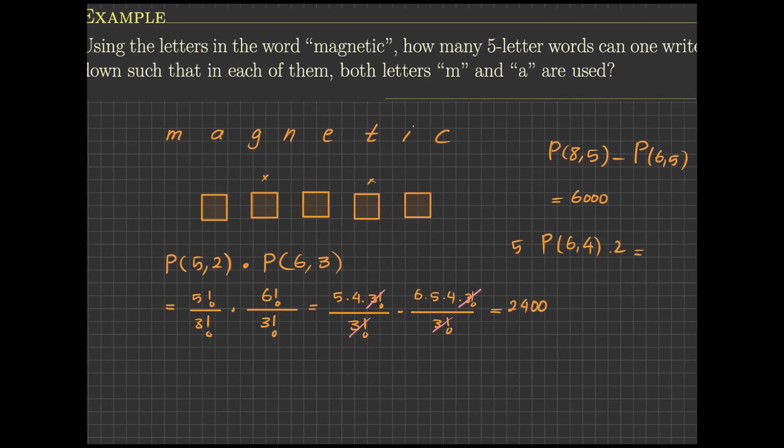And if I calculate that, it becomes 10 times this number, which is 6 factorial divided by 2 factorial. So how much is this number? It's 3,600. Okay? And 6,000 minus 3,600 is exactly 2,400.